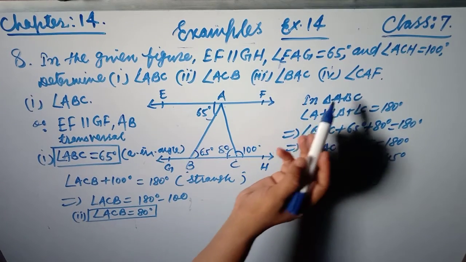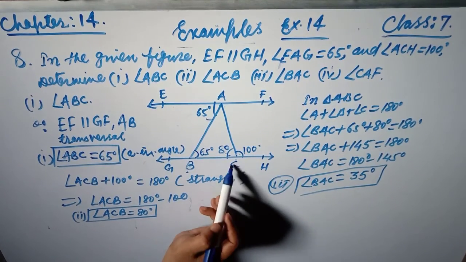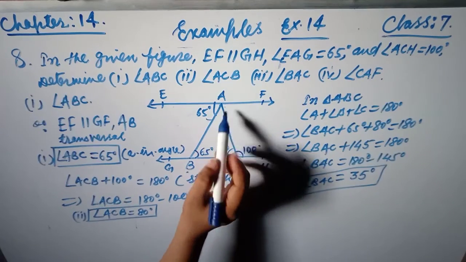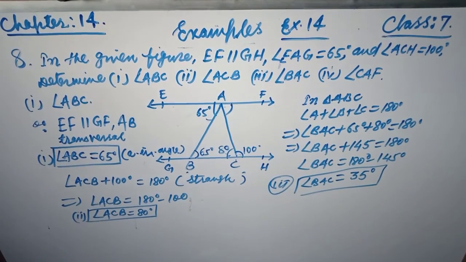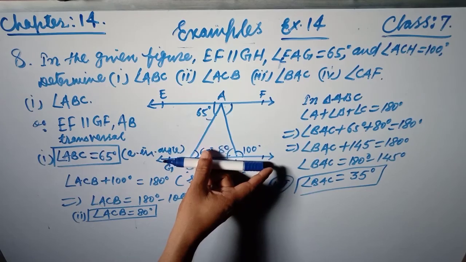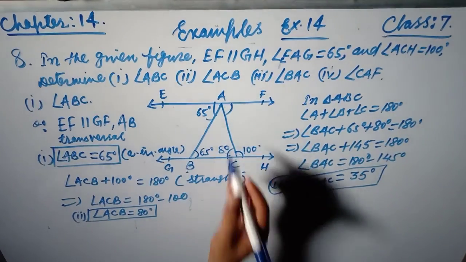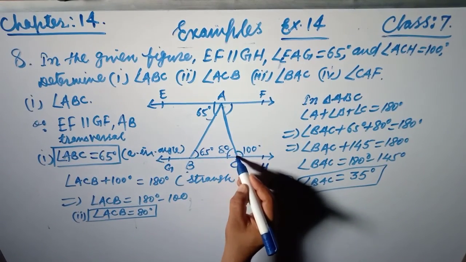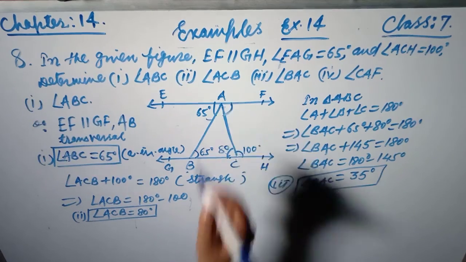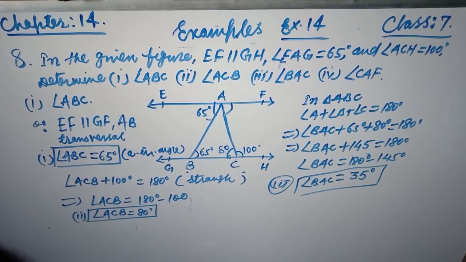Now the last, number four, friends, CAF. This is the angle CAF. Look at this line and this line, both are parallel, and this is the transversal. So this 80 is also 80, the alternate interior angle, friends.